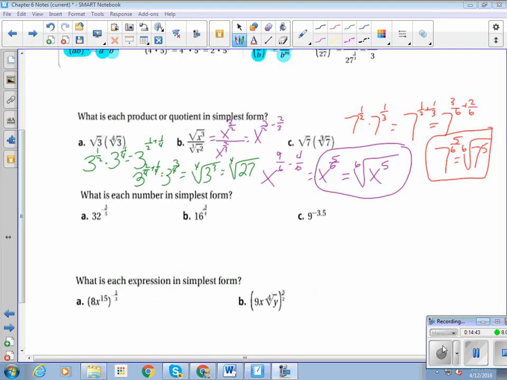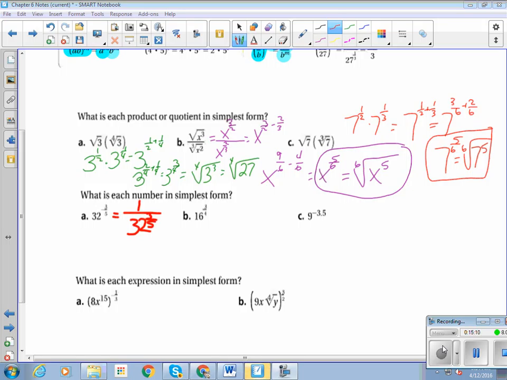All right, so now we're going to get to a place where order is going to start to matter. So the question is, what is each number in simplest form? 32 to the negative 3/5. So this is equal to 1 over 32 to the positive 3/5.